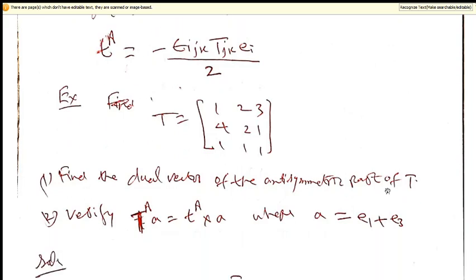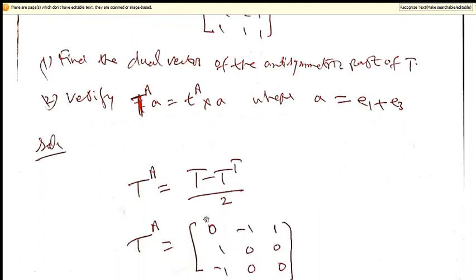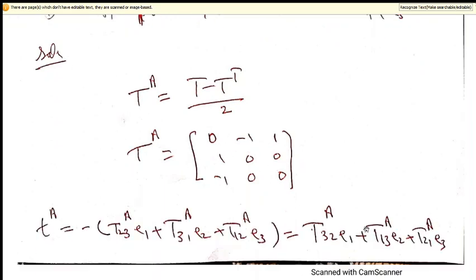So once you have the dual vector, then this must be satisfied for every A, whatever A will be. So for the antisymmetric part, you can write T minus T transpose divided by 2. After computing this, you have the antisymmetric part of tensor T. Now you know that our dual vector is equal to this or this.